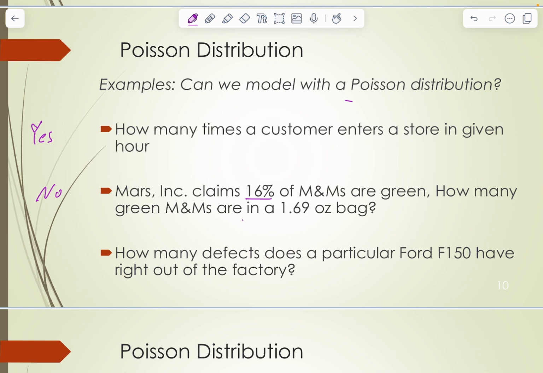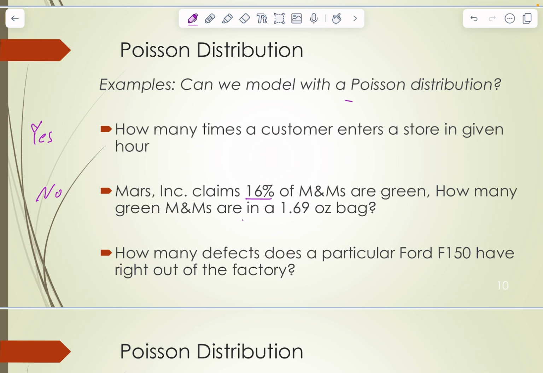And so that's a little bit different from other times that you would use a Poisson distribution. Generally, there is no structural limit to occurrences. Here the occurrences are not independent. If a lot of green M&Ms have already been put in the bag, another green M&M being put into the bag becomes less likely.